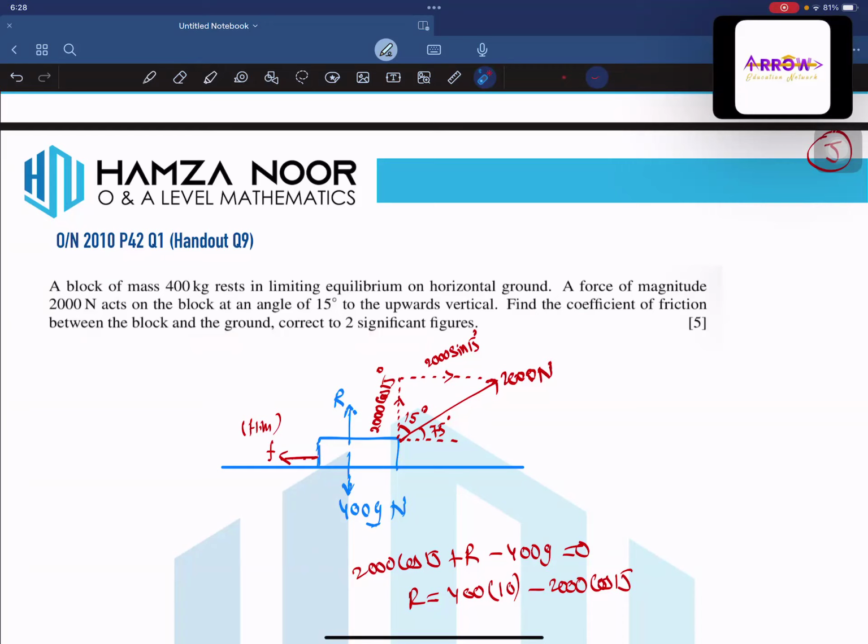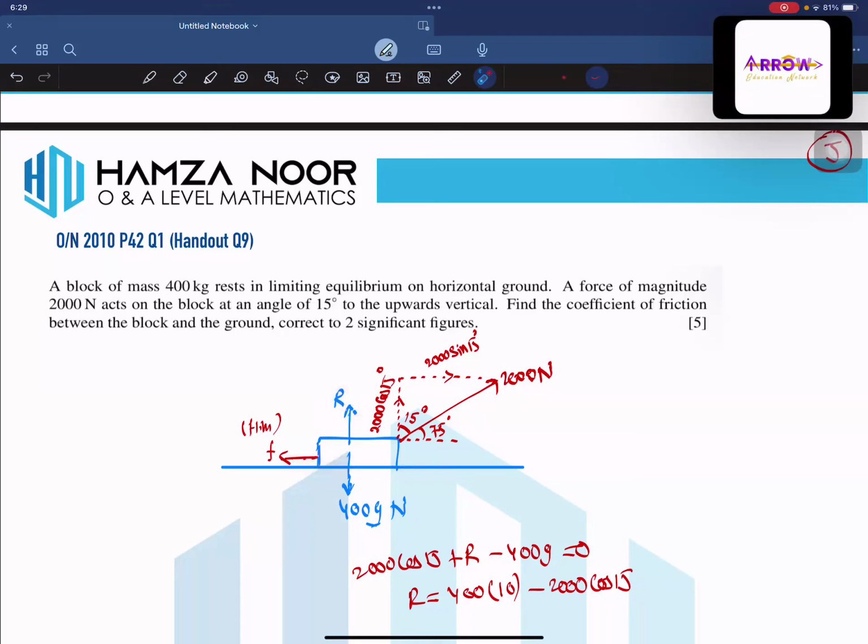First, I've made a sketch. We have a horizontal ground and the block has a mass of 400 kg. The weight acts vertically downwards, 400 g Newton. In the opposite direction, we have the normal contact force R, which is perpendicular to the plane, and this plane is basically the horizontal ground.